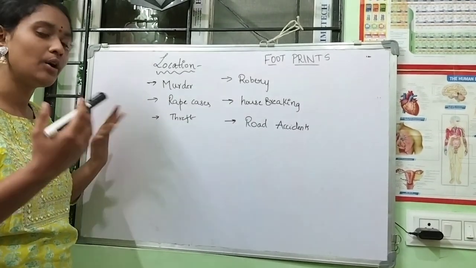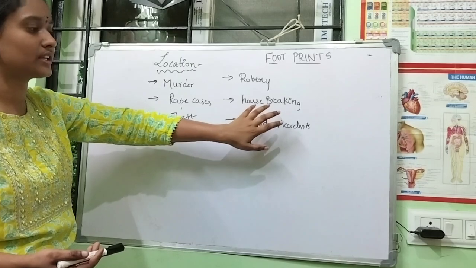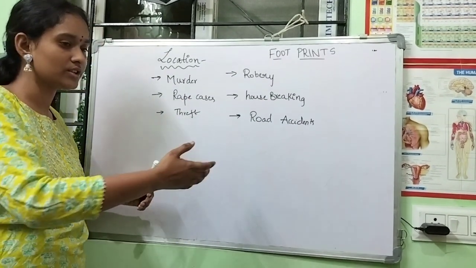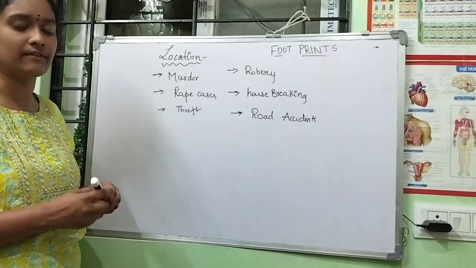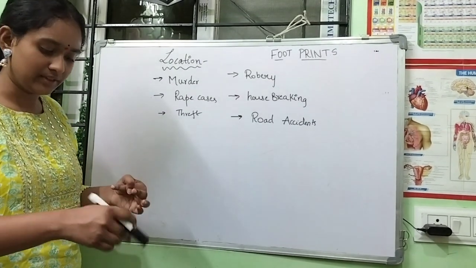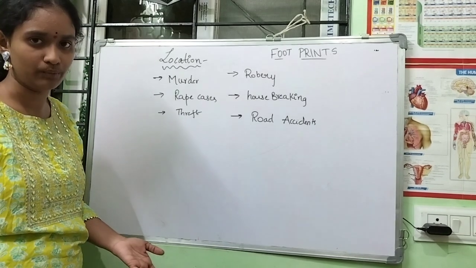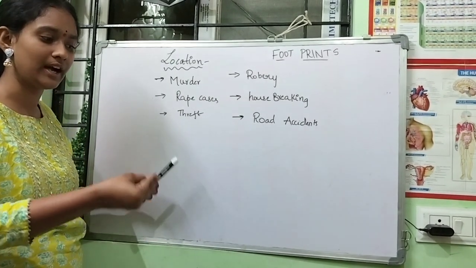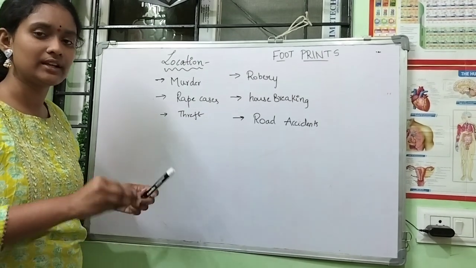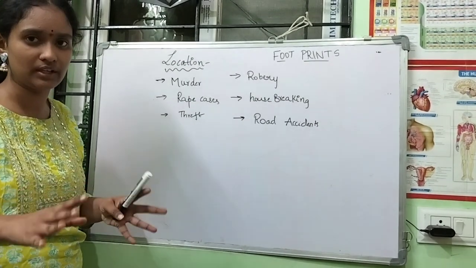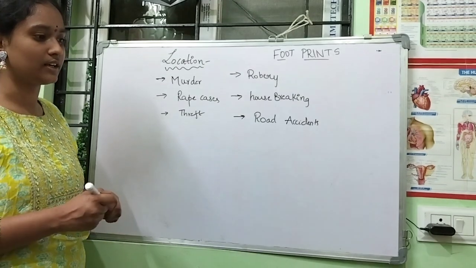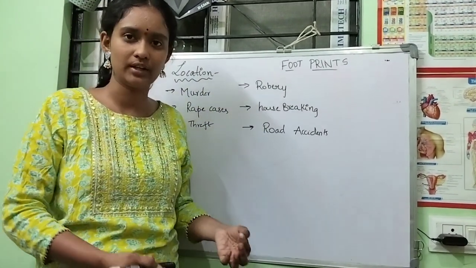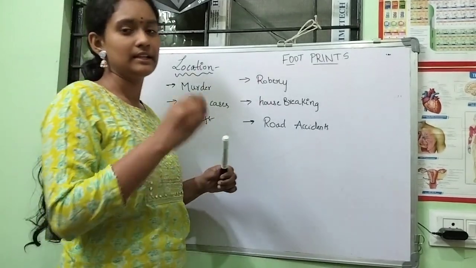So how do they come about? Take an example of house breaking or robbery. Of course he can't come through the door, so he will break the window and enter the home to rob it. If he wore any shoe, we can call them footwear impressions. For every shoe or footwear, there is a different type of design.